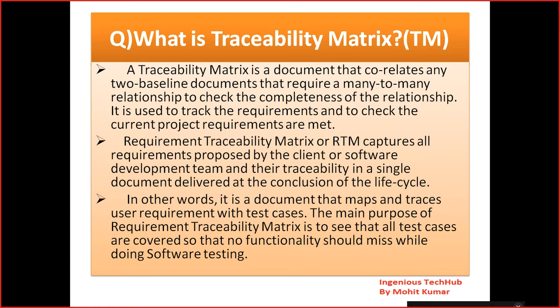So what happens? Top-level management, or your business owner, will ask you, can you share the complete testing coverage of my application? I want to see the report, how many defects we found in the last release, or whatever defects we have fixed right now.